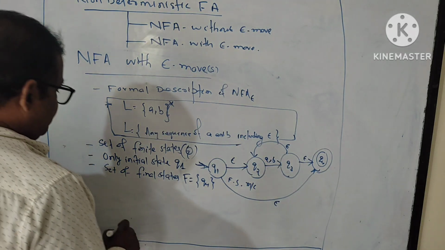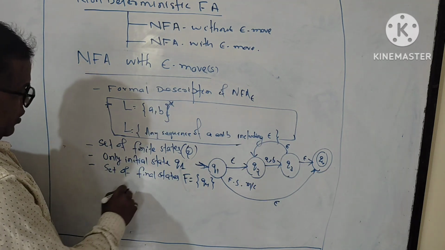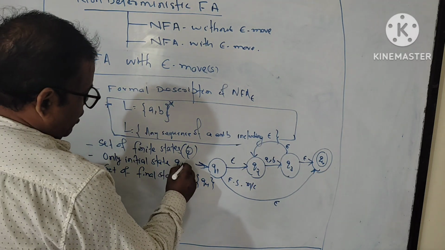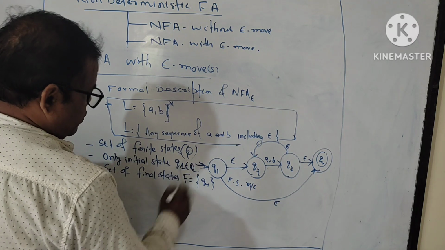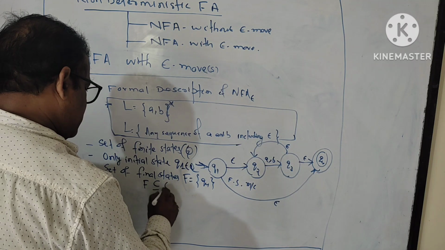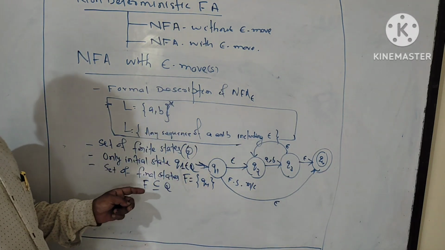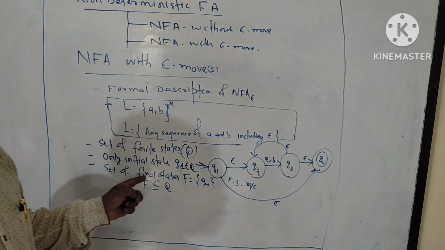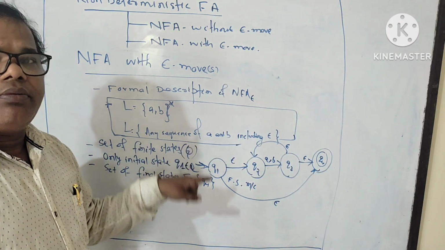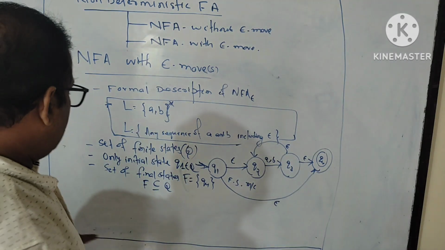So we can write here set of final states F. You can see this is the property: Q1 belongs to capital Q and F is the subset of capital Q. This property also holds good for all the cases. It holds good for the DFA, for the NFA without epsilon, and for the NFA with epsilon.